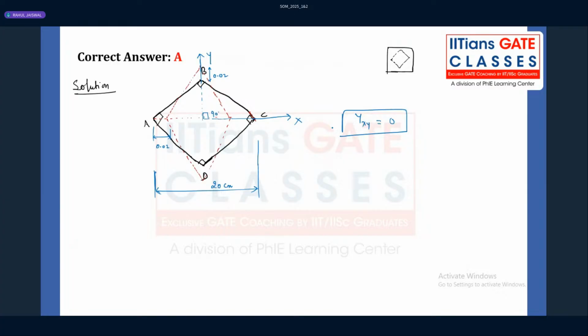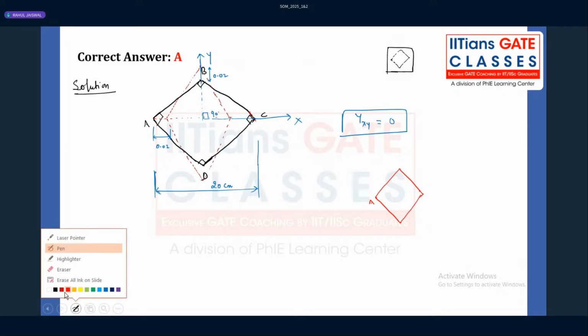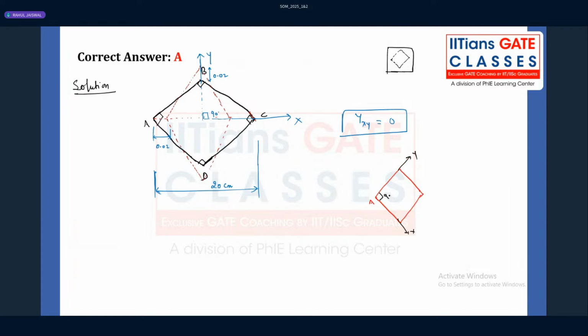As I mentioned in the previous session also, suppose at A we want to calculate, and suppose they are giving me a coordinate system like this, y axis and x axis like this. Initially it is 90 degree, but after deformation what is happening? It is getting deformed to something like this.